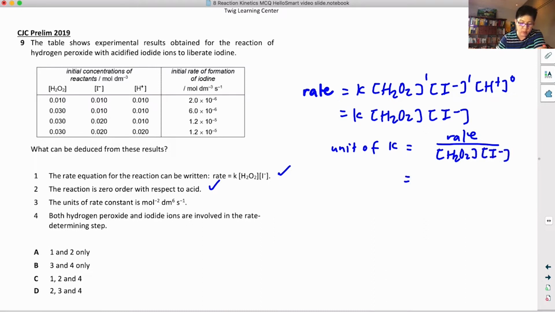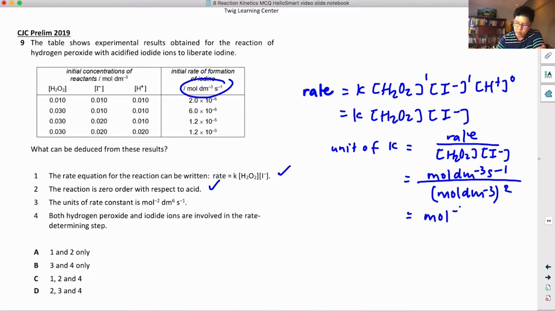The unit for rate is mol dm^-3 s^-1, and here it is mol dm^-3 squared. So in the end it should be mol^-1 dm^3 s^-1. So this is wrong; that is for a third order reaction. Both hydrogen peroxide and iodide are involved in the rate determining step. Definitely, because these two are found in your rate equation. So the answer will be 1, 2, and 4.